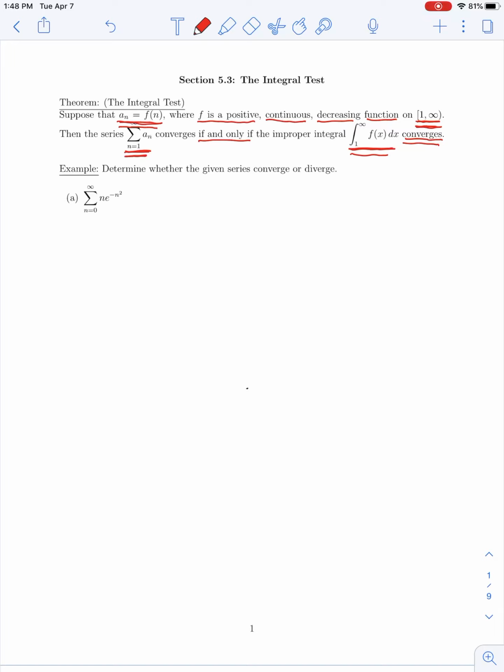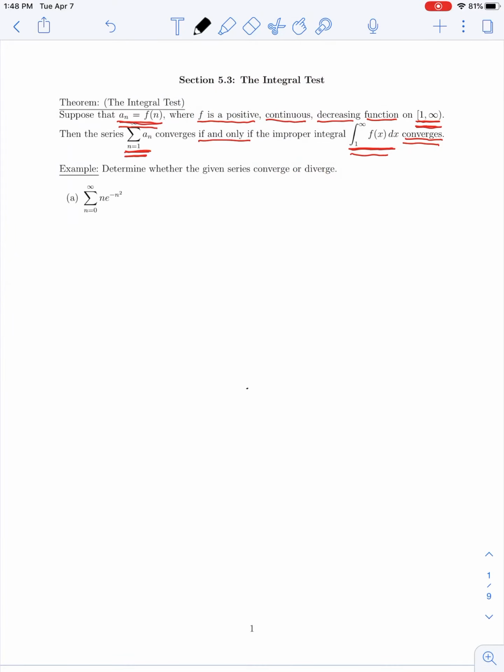And as we're going to see, this new integral test can be a bit difficult to apply, so we usually want to save that integral test as a last resort to determine convergence or divergence.